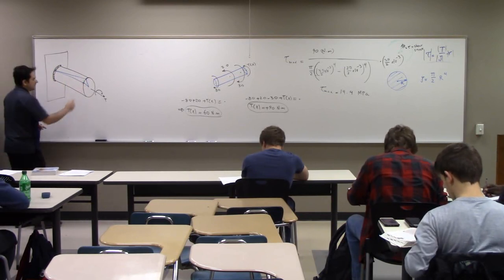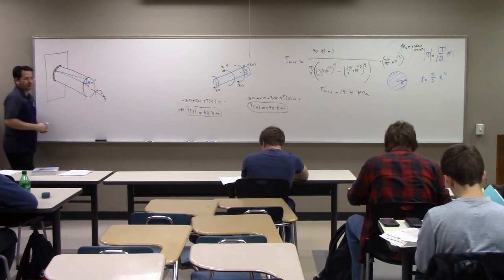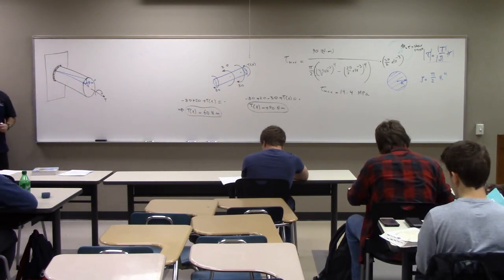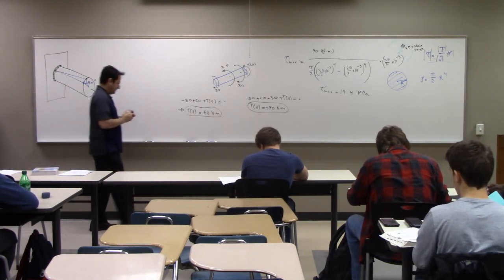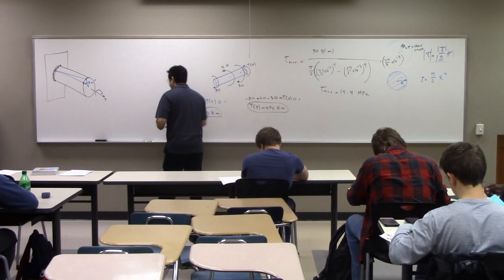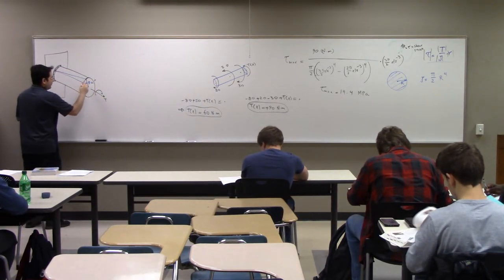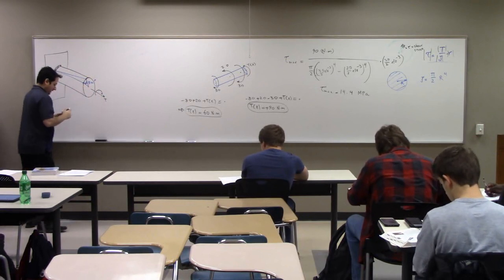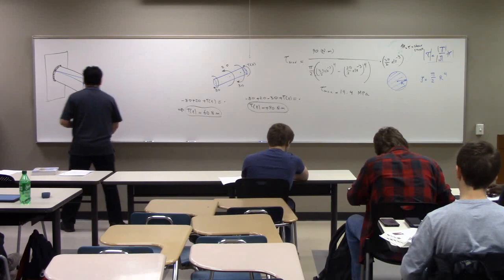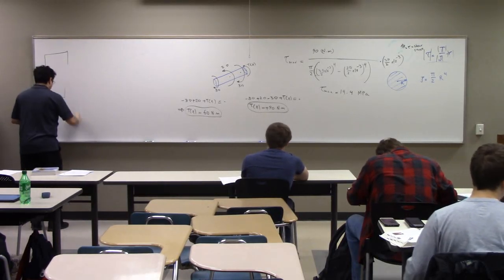Now my objective is to find this theta. That's what I'm trying to do. So instead of considering the outer radius, I consider a point here. Let me draw it a little bit bigger.